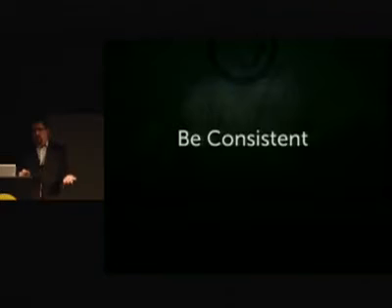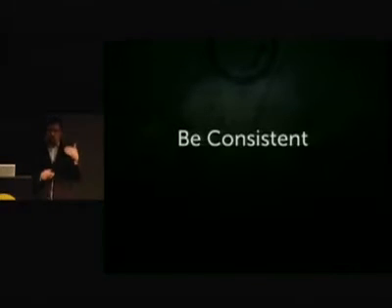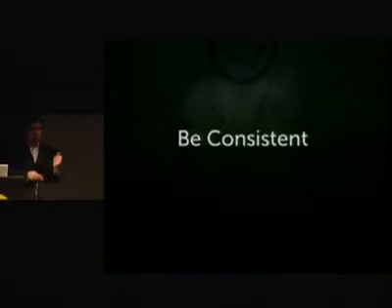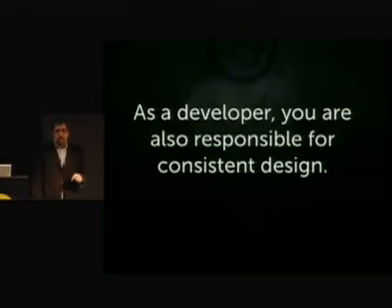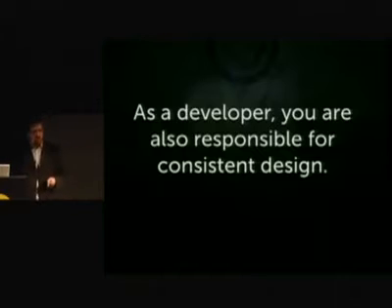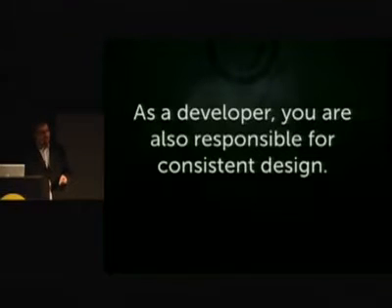And obviously that was extremely unnecessary. So it was a matter of going back through that process and saying, okay, well, we don't necessarily need things at 18 and 20. We could probably just settle on 20. We don't need 10, 11, and 12. We can probably just settle on 12. And so one of the interesting things to note here is, as a developer, it's also your responsibility for consistent design.